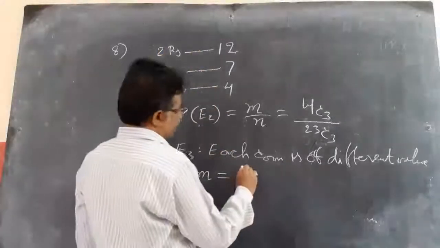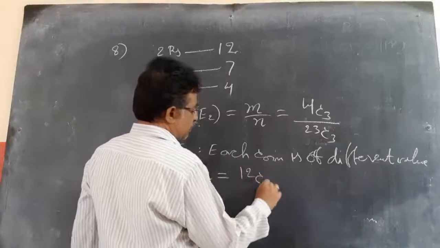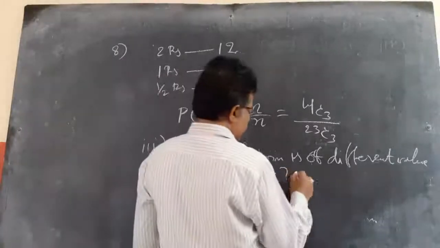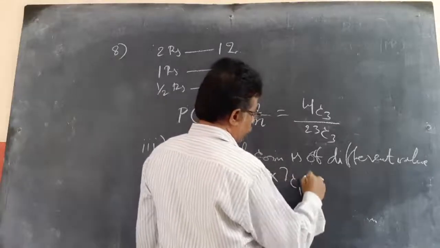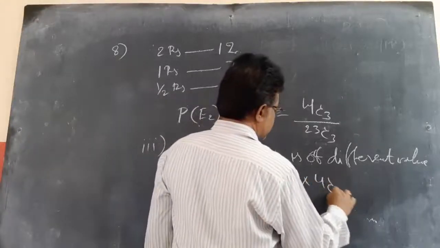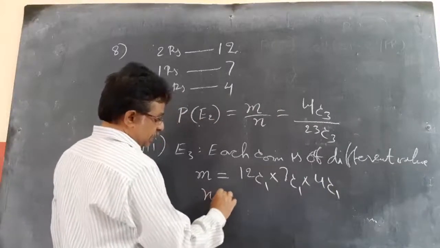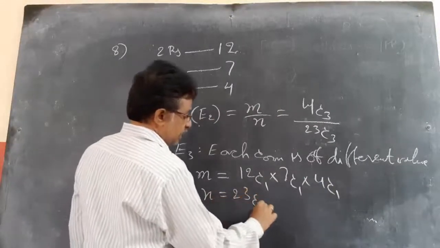Then I will get 3 different values. So one coin from the 12 coins is 12C1 ways, and one coin from the 1 rupee coins 7C1 ways, and one coin from the half rupee coins 4C1 ways. This is M, and N doesn't change. N is 23C3.